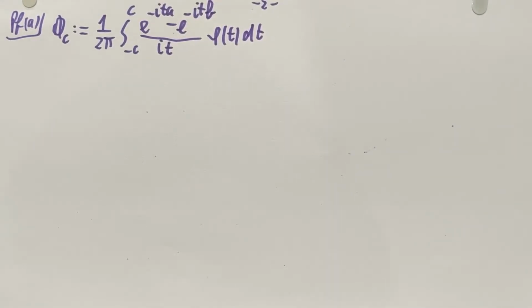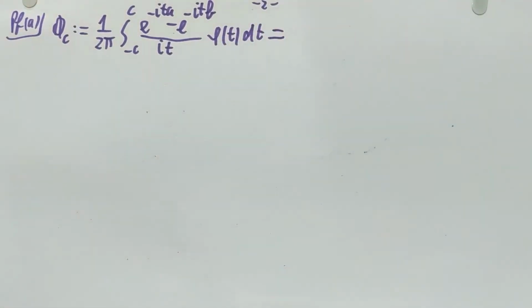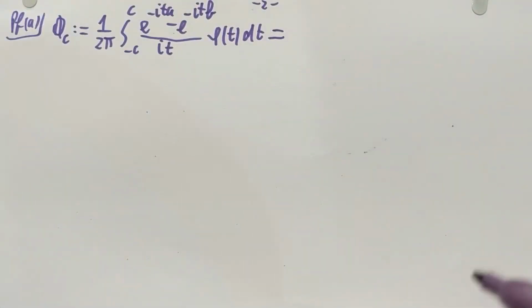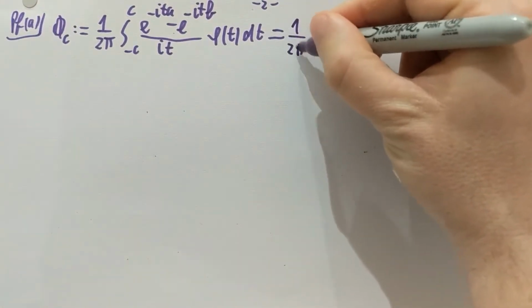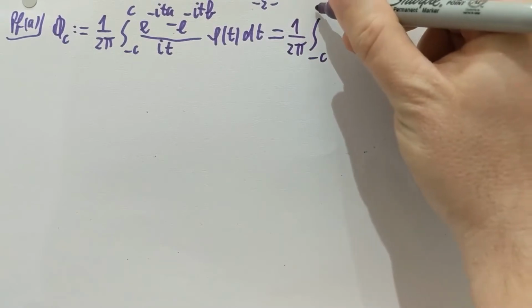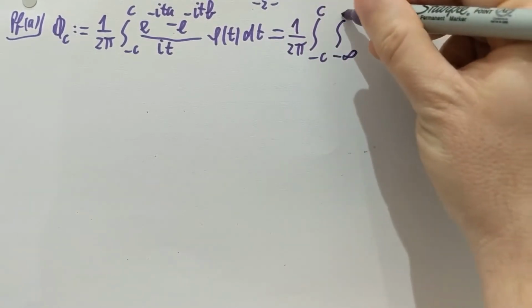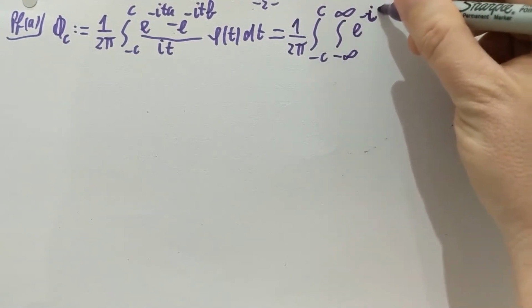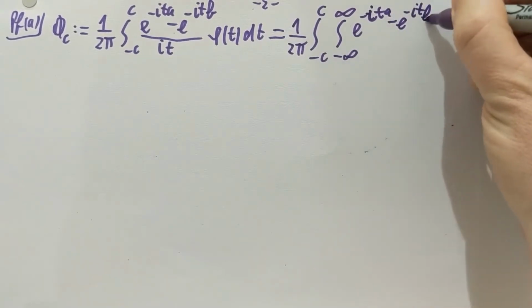Okay, now let's put in what phi is. Phi is the integral of exponential itx dF. Let's just put that in. So 1 over 2 pi, integrate from minus c to c, and then integrate from minus infinity to infinity, e to the minus ita minus e to the minus itb.